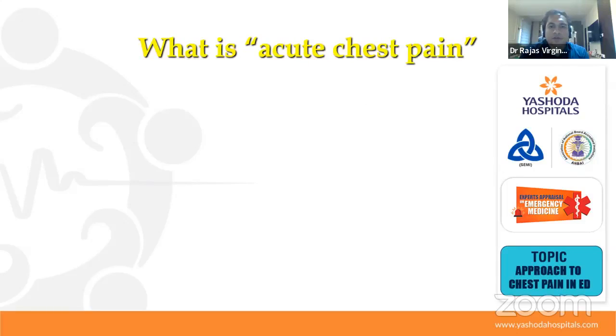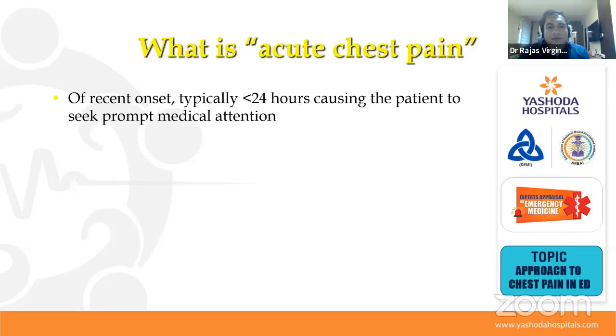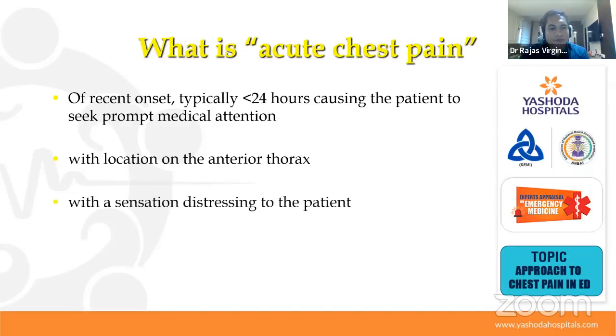So what is acute chest pain? Typically, it's less than 24 hours, which is causing the patient to seek prompt medical attention. The location is generally on the anterior thorax, and it is a sensation which is causing a bit of distress to the patient.